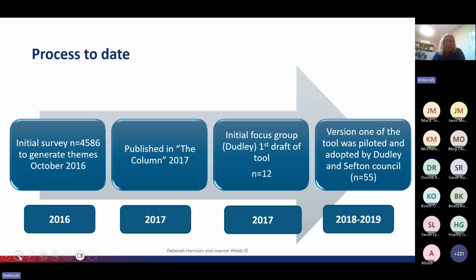One of those themes was: we need tools. That survey was published in 2017, and in 2017 we worked on a first draft with Christine from Dudley Council. That first focus group was 12 people. Version 1 of the tool was piloted and adopted by Dudley Council and Sefton Council.